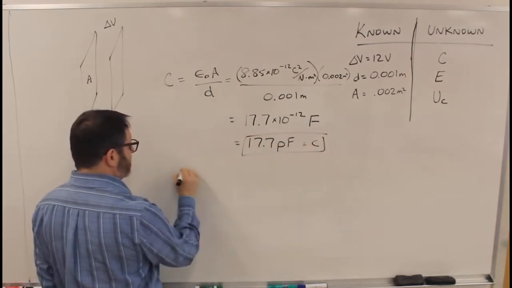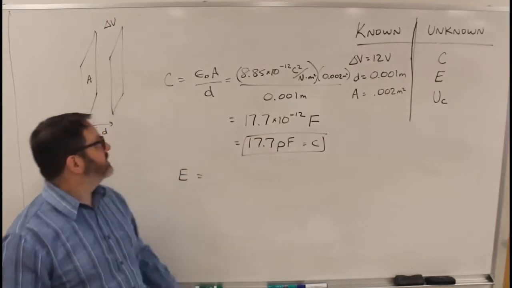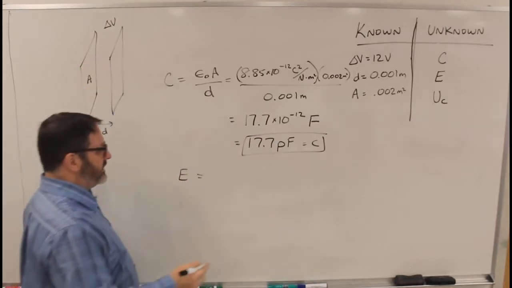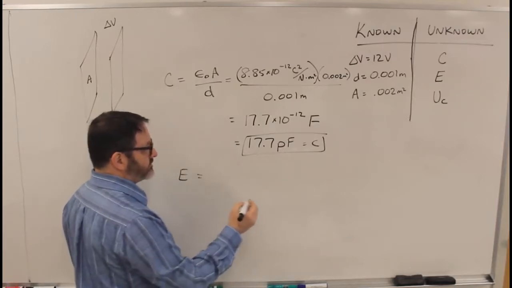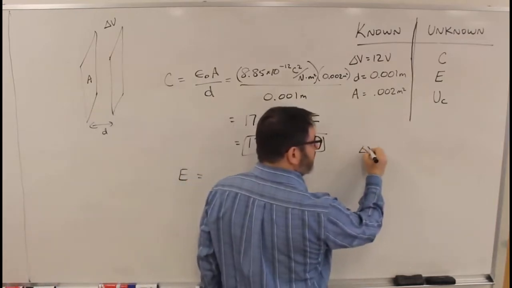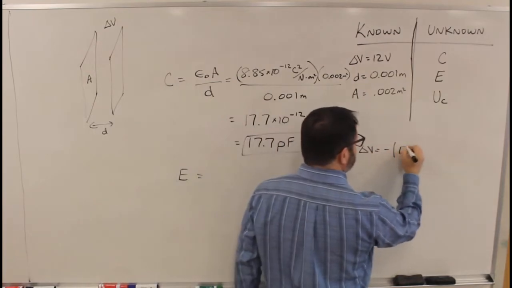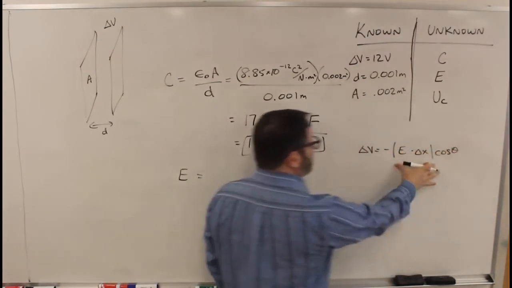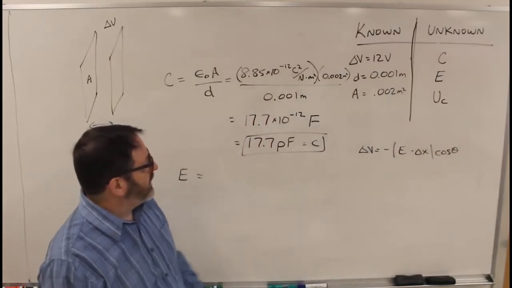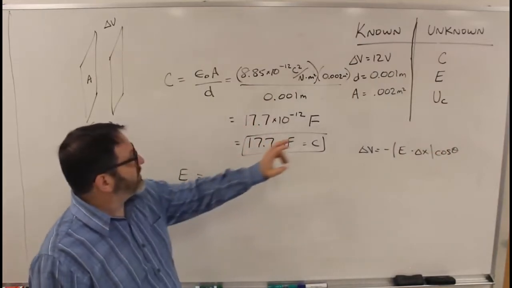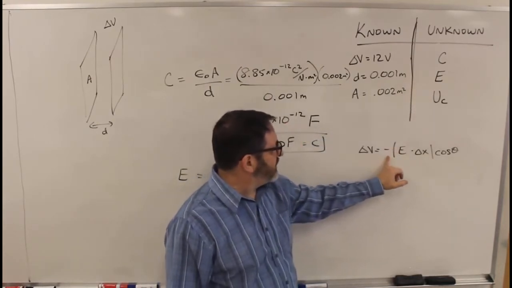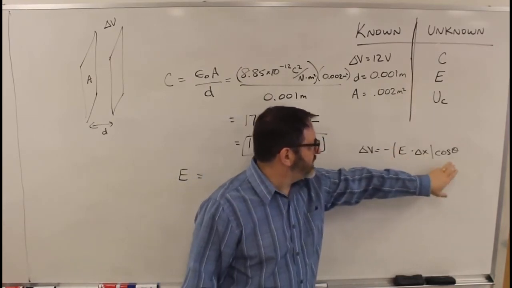All right, so that's C. How about E? Parallel plate capacitor, inside the E field is constant. So I know that delta V is minus E times delta X cos theta, with the absolute values in there. And it's only asking for the magnitude of the E field, so I don't need to concern myself with the minus sign or the magnitude signs.